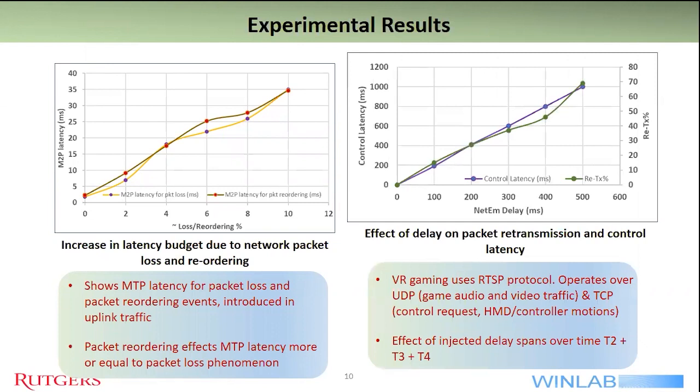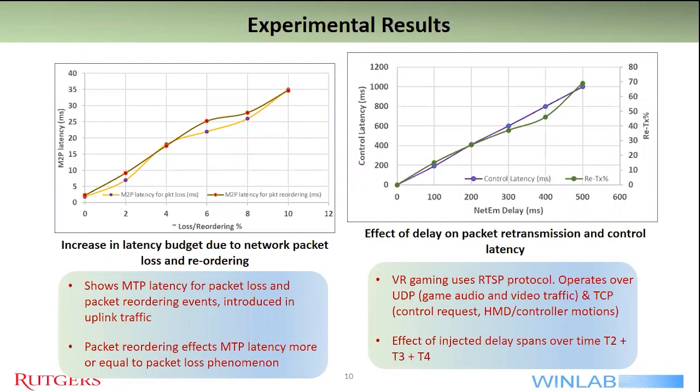Followed by this, this is kind of a result which is obvious, but it will allow us to give more insight into the next set of results. Here, let's say the control movement of the HMD or the handheld controllers is sent over TCP between the client and the server.